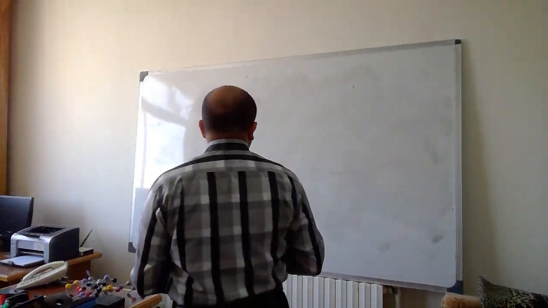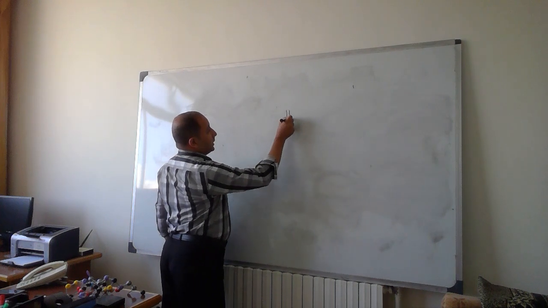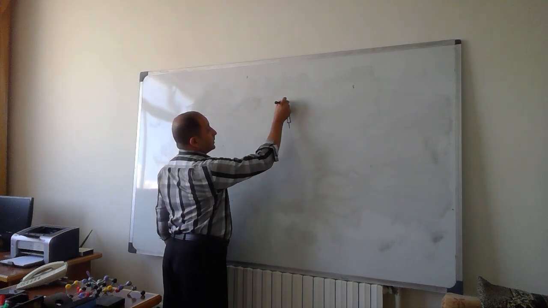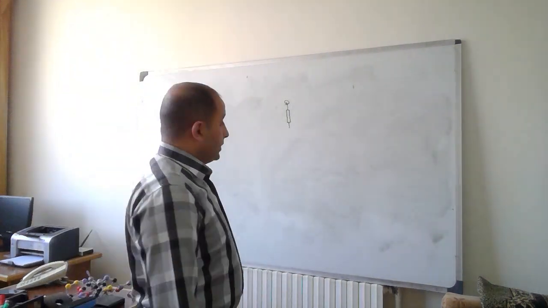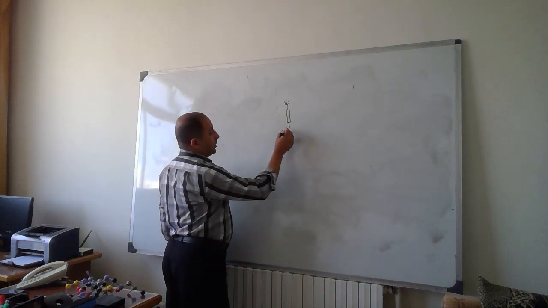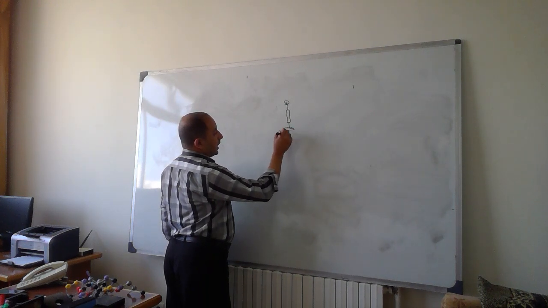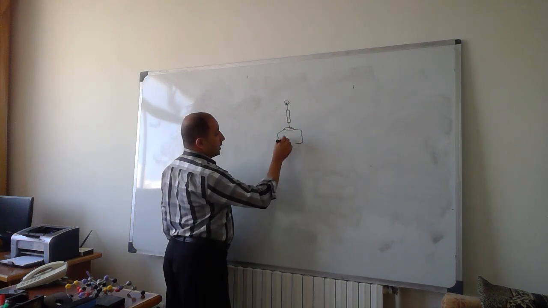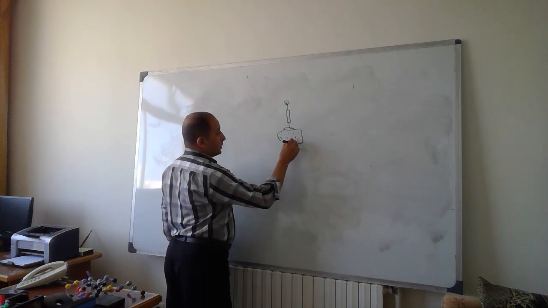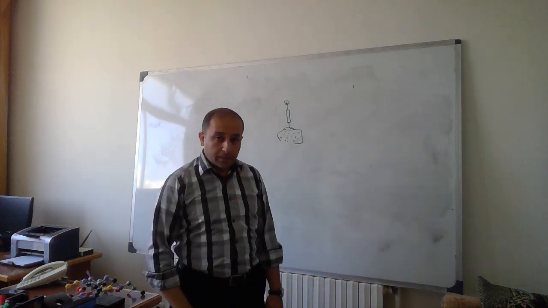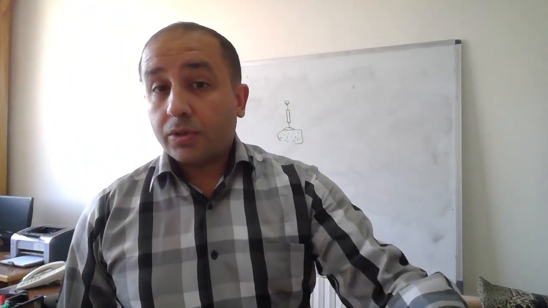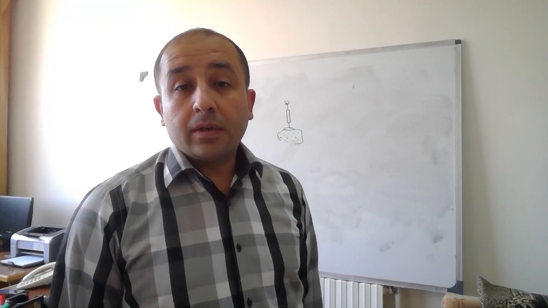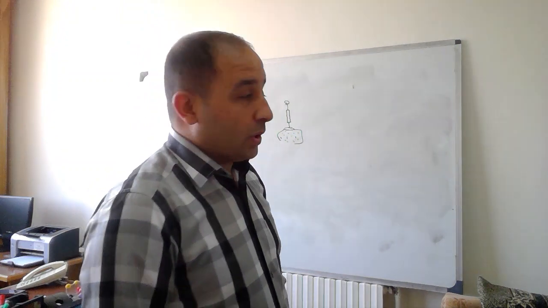So once we inject the sample here, the injector is under high temperature, so the sample, immediately after injection, will be changed to gas. Once the sample changes to gas, that's why the solute should be volatile, should be hydrophobic, and possess low molecular weight.